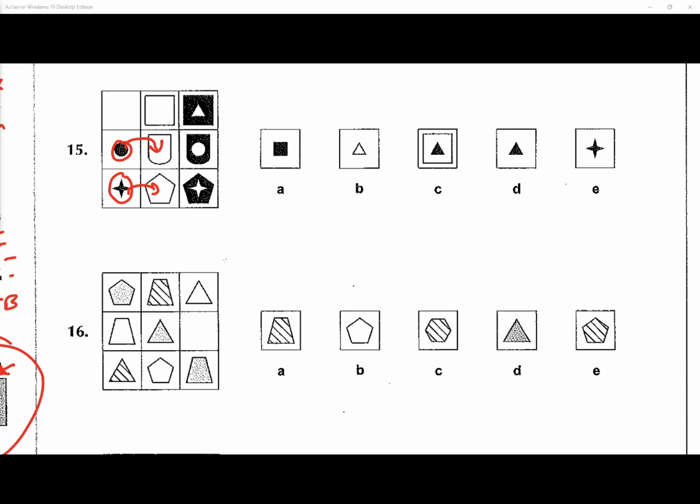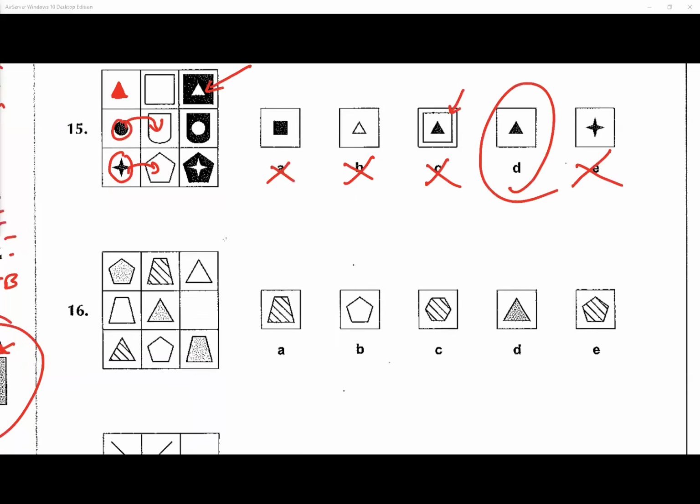Now, if we know this triangle here inside, there must be a triangle that's going to start its life outside. If it's white, it's got to start off as being black. So we need a black triangle outside. That's not a black triangle, that's not a black triangle, that's not a black triangle. And the black triangle can't have an extra border. So that's wrong, and that makes D the answer.